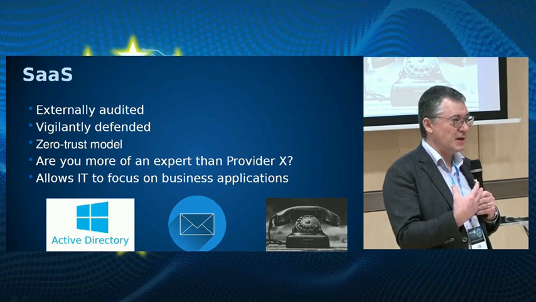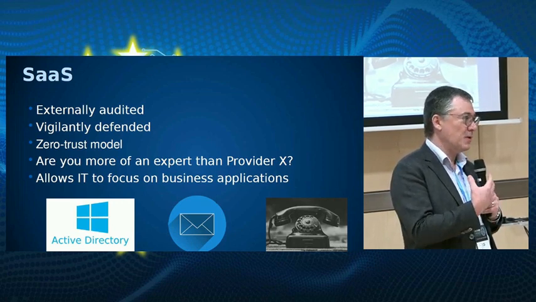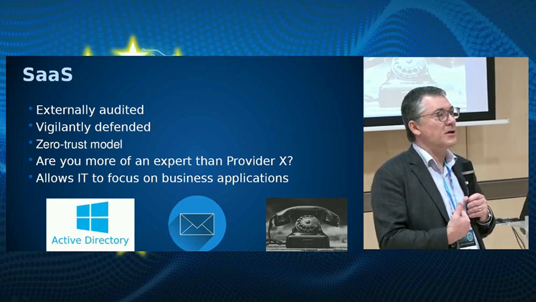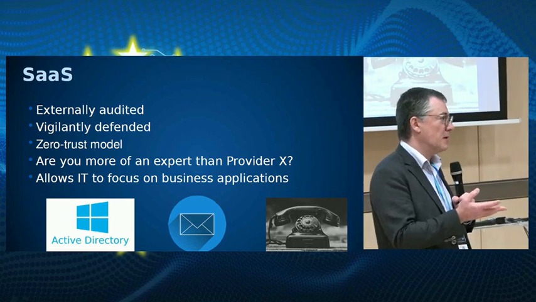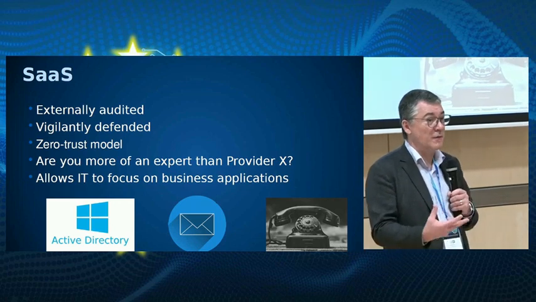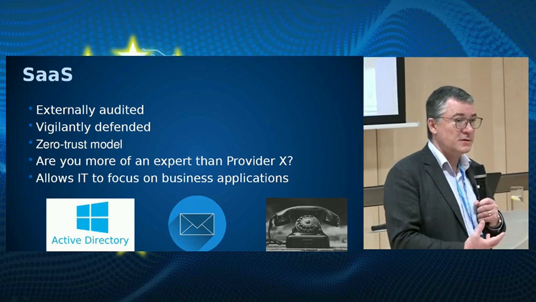And instead, they're managing email. Microsoft's really good at managing email. I trust, they're externally audited. We're not going to do a better job at securing our Exchange servers than Microsoft is. Why don't we just let Microsoft do it? And now we can redeploy those staff members on projects that actually matter for our business, which is to deliver security to our customers, not to run Exchange servers.